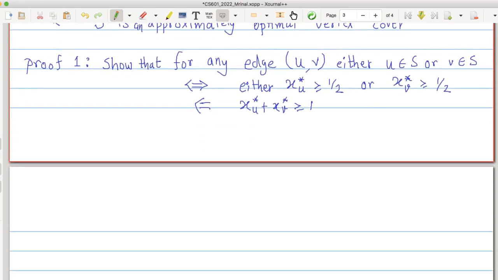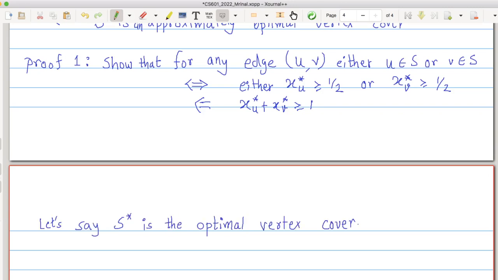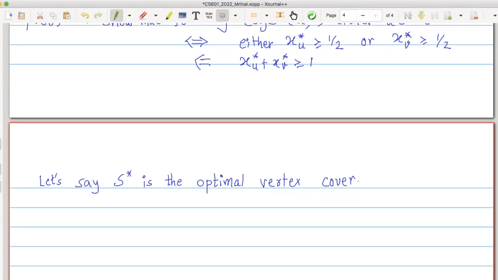Okay, so let's say S star is the optimal vertex cover. Now what we would like to show is that the weight of our set S is not too high, right?